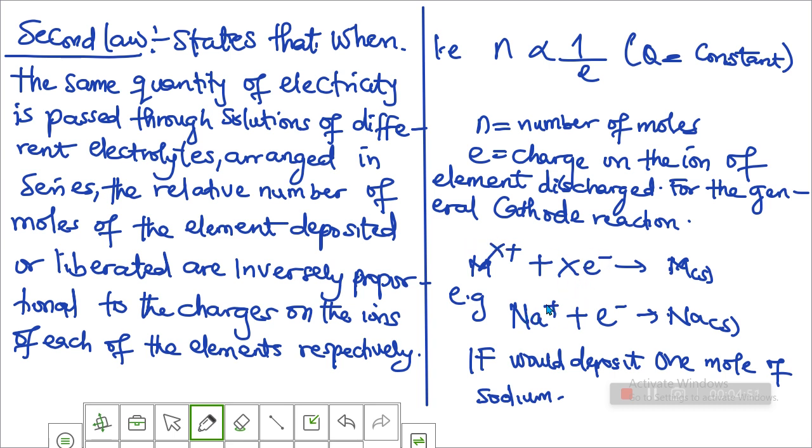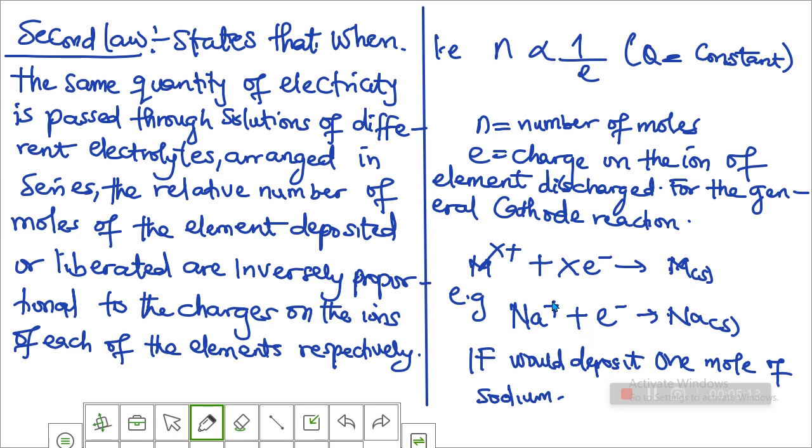If it is Na plus, you know that one is 1. So your number of moles here will be 1, meaning 1 faraday means 1 electron. Here we didn't write anything. If we write 2e, that will be 2 faraday. But here it is just 1, and we don't write it whenever it is 1.